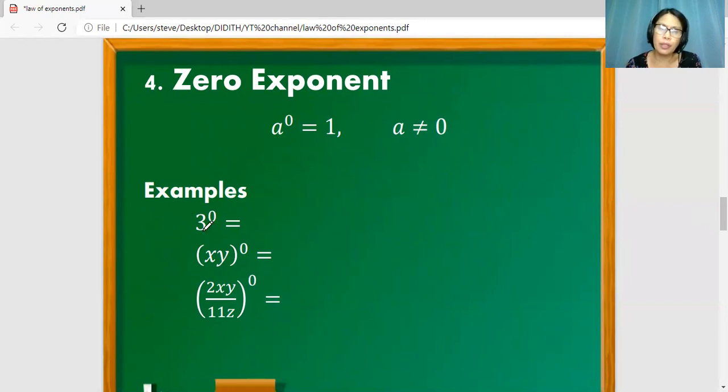So for example, 3 to the 0 power equals 1. Quantity xy to the 0 power equals 1. Quantity 2xy all over 11z to the 0 equals 1. Okay? So again, when any expression is raised to the 0 power, except a equals 0, then it must be 1.